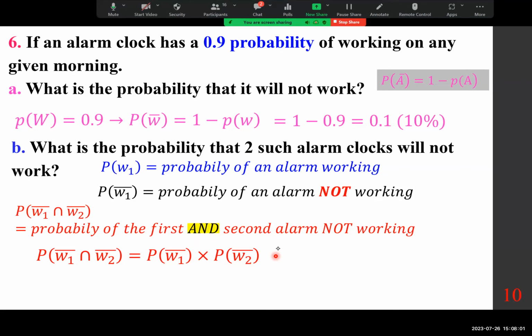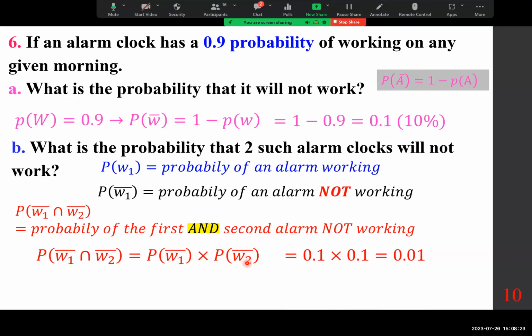There are cases that they may become dependent. For example, if the alarm clocks are both plugged into the same plug and there's a power outage, then it becomes a concept of a dependency. But each one has a probability of 0.1 of failing. 0.1 times 0.1 is 0.01.